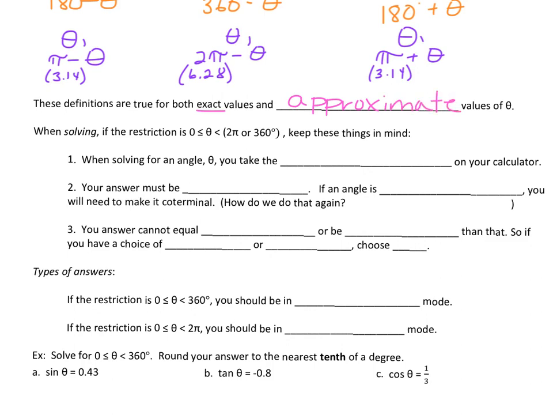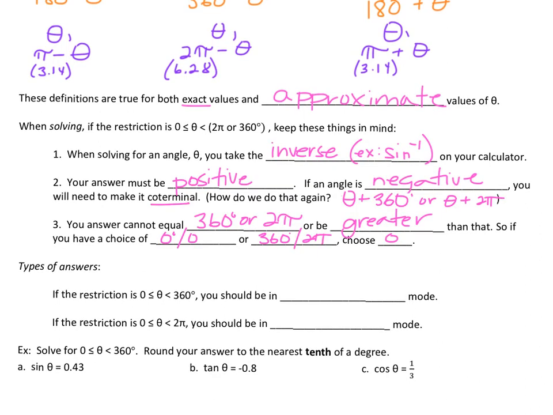Here are some things to keep in mind when solving if you have a restriction between 0 and 360 or between 0 and 2 pi. When solving for an angle theta, you're taking the inverse on your calculator. If you see the buttons sine, cosine, and tangent, right above them, there's a sine -1, cosine -1, and tan -1.